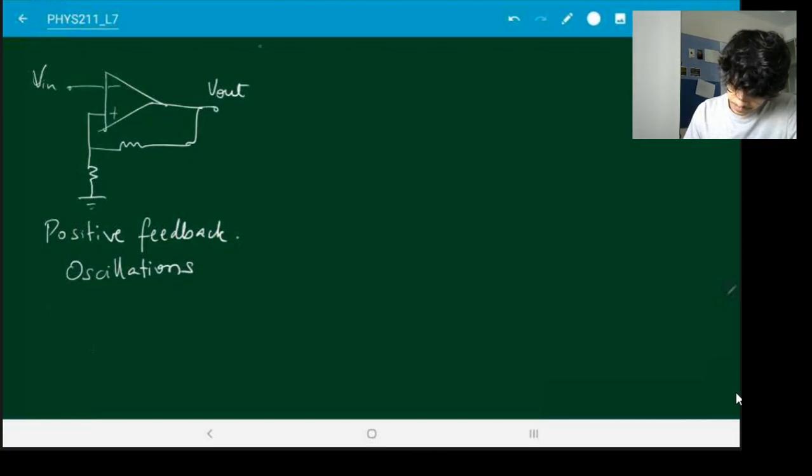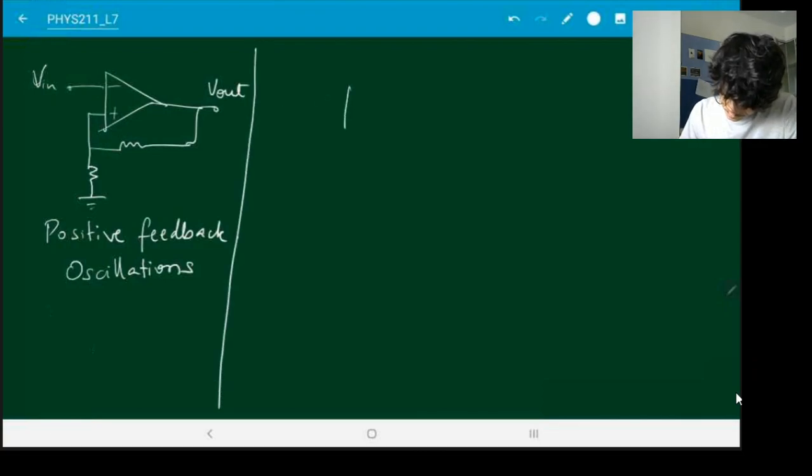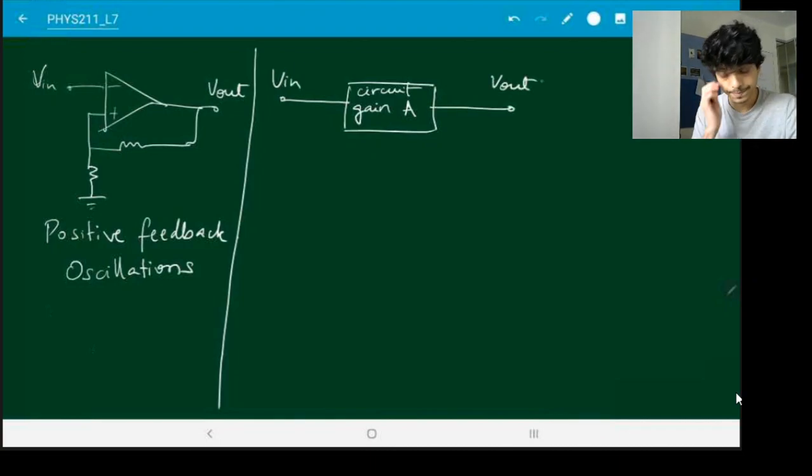So suppose we have some circuit with gain given by A. So it has some input and it has some output.